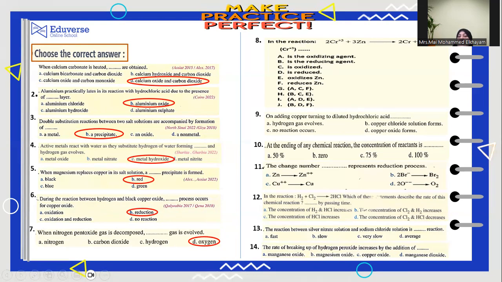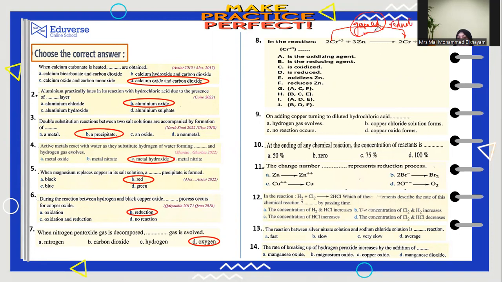It is ionized, it is positive, and it changed in the products to be neutral. So to be neutral, it should gain electrons. Gaining electrons, so let me write it here. So it gained electrons. Gaining electrons means what?